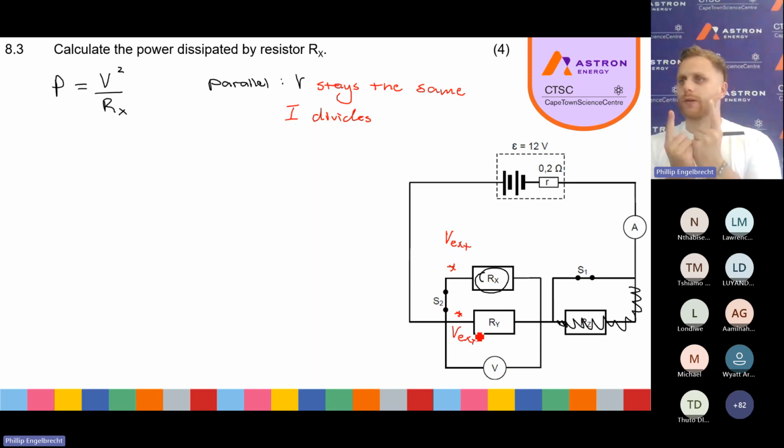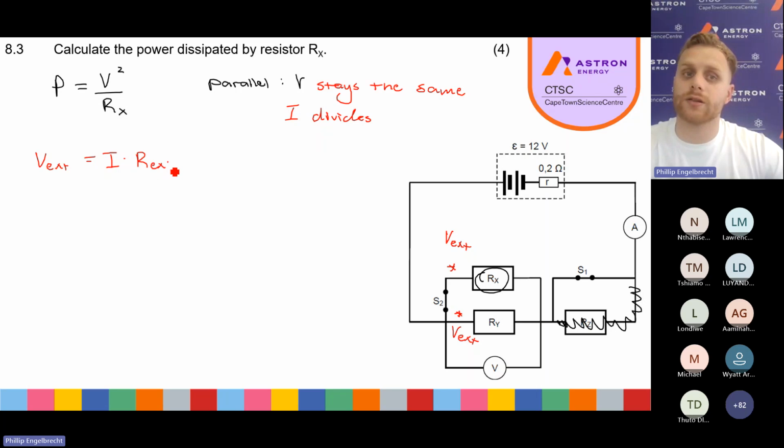I also know the value of resistor X. So what I need to do is figure out what my external voltage is. There are different ways you can do that. I'm going to do it like this. Firstly, my external voltage is the current times the total external resistance, because that's the voltage going through my entire circuit.